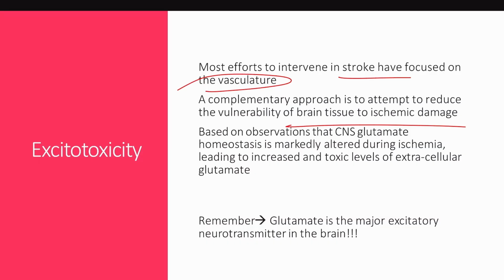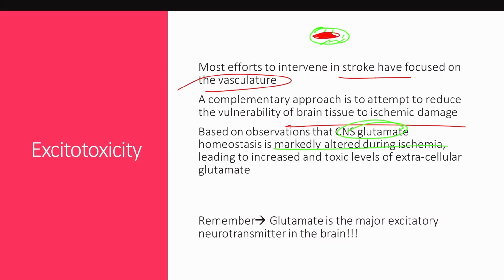So let's say this area of the brain tissue is dead, but this area around it has ischemic changes. They're not dead yet, but they're undergoing this stress. We found out that they have this excitotoxicity going on, where glutamate goes kind of crazy during ischemia.